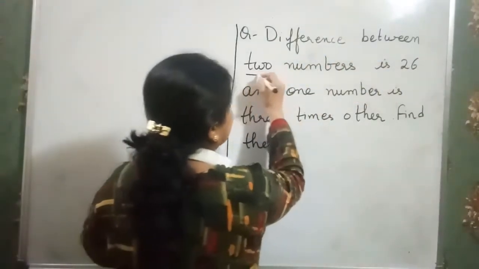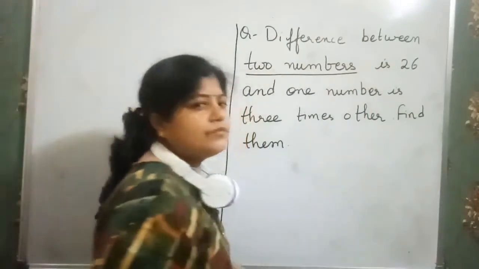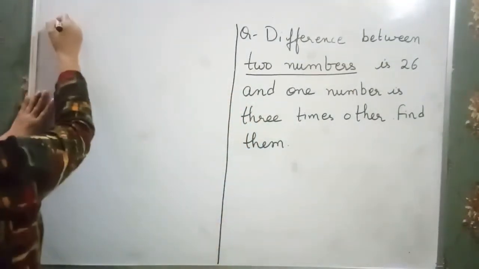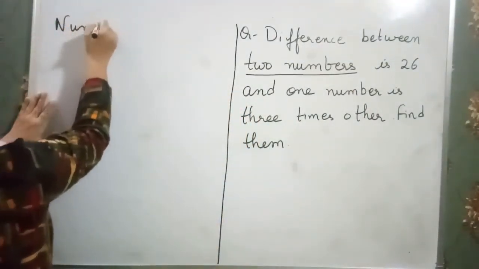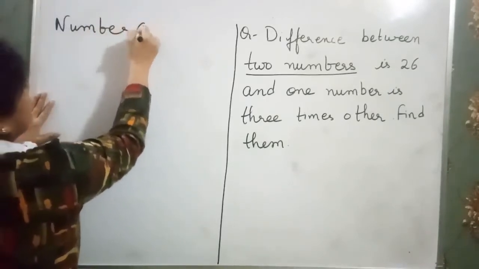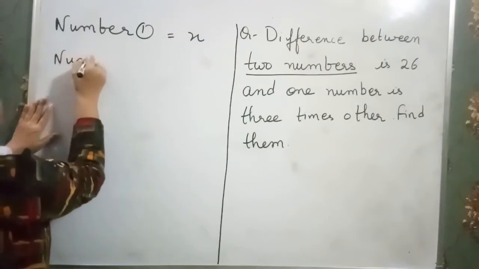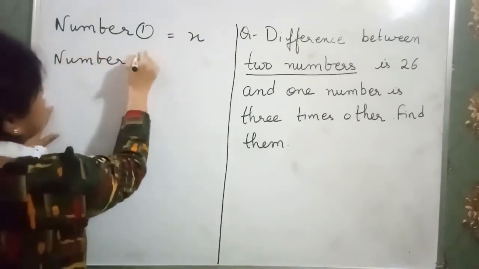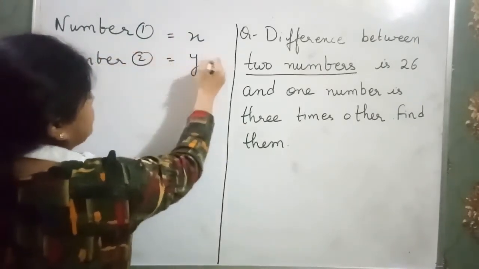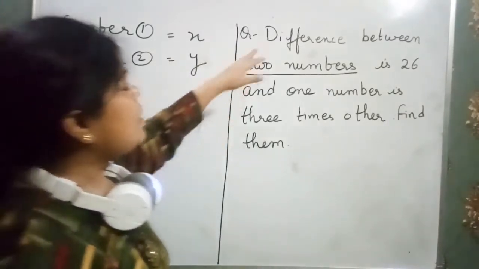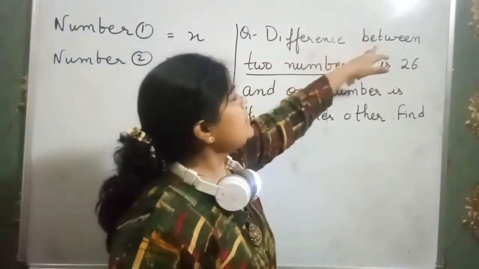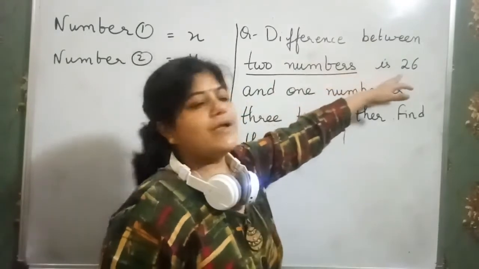That means we have two numbers. I take the first number, let it be x, and the second number, let it be y. Clear? Now, difference between two numbers is 26.